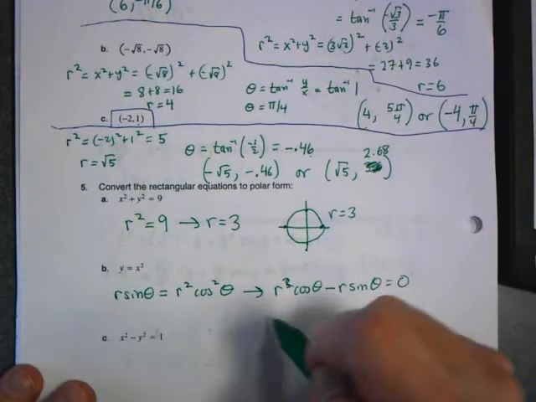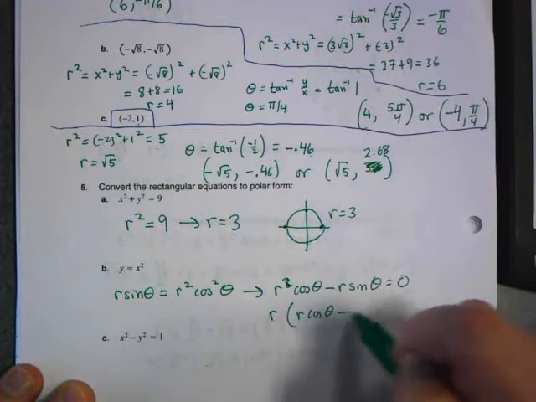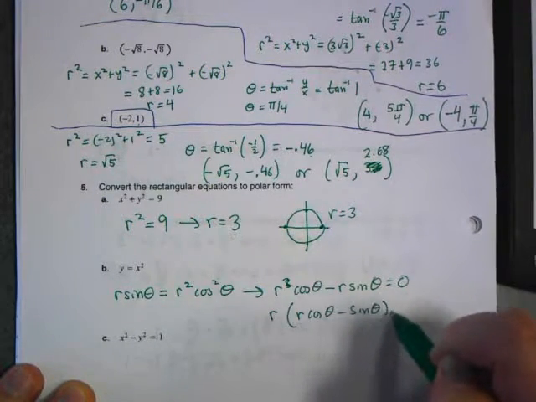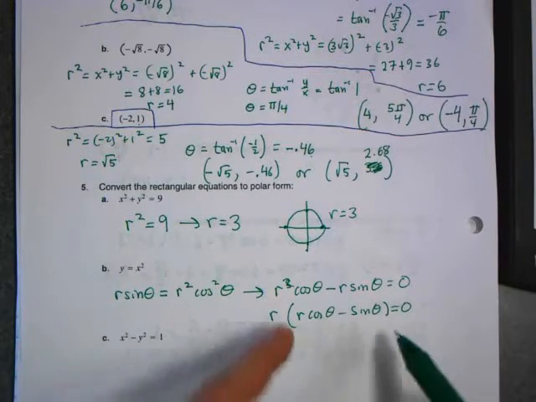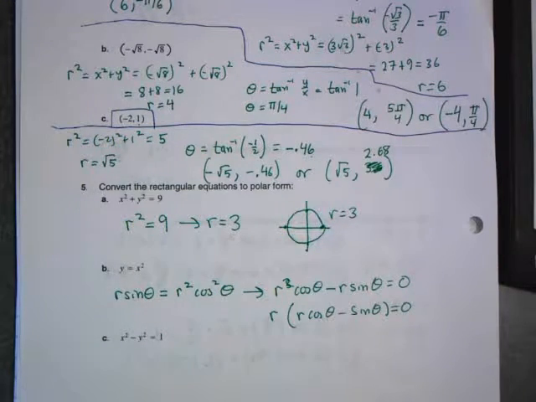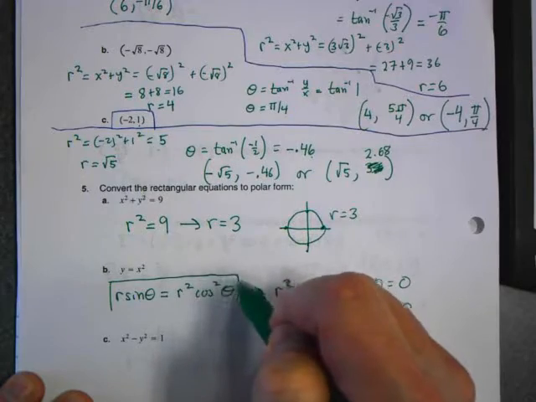When I factor the r out, I'm going to have r times cosine theta minus sine theta. And then divide by r? Dividing by r is kind of a bad thing. How come? r could be 0. So this one, I don't think there's a good way to get the r all by itself.